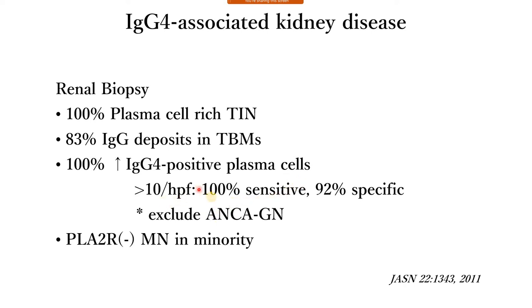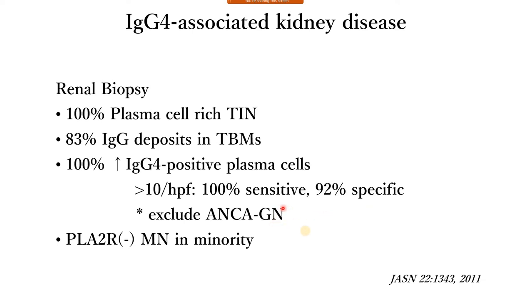By definition, we need to check this to call it IgG4-related kidney disease. We need to have more than 10 IgG4-positive plasma cells per high-power field. This criterion is 100% sensitive and 92% specific.